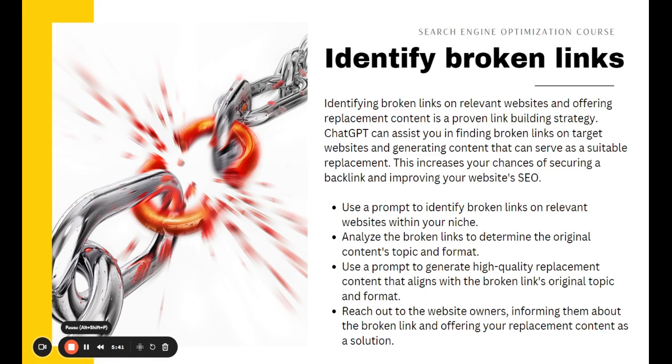I tend to use this just for accuracy, because AI is not entirely accurate and you shouldn't rely on it anyway. But you could just see if it picks up the broken links on your site.